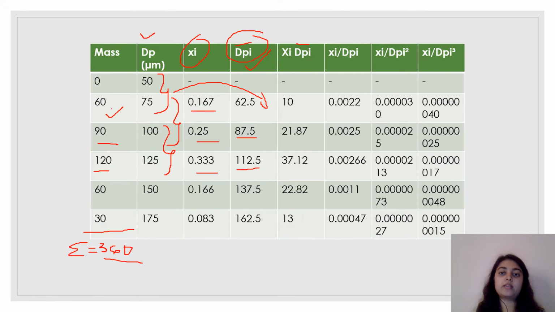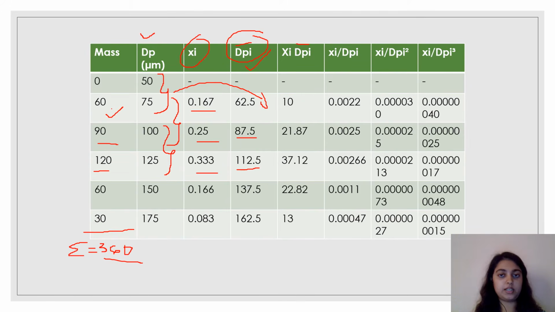The next columns of this table are based on the xi and dpi bar columns. So the main fundamental is to calculate xi and dpi bar. Xi is a fraction, individual divided by total, and dpi bar is the average of the first two diameters, and so on.